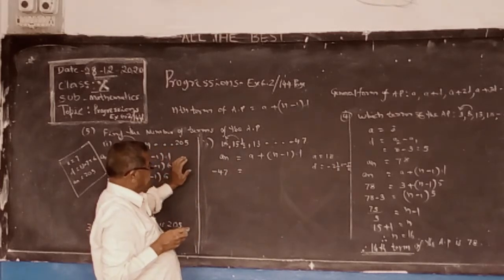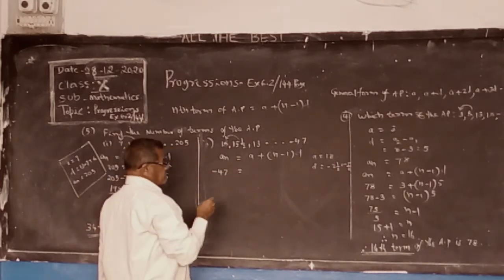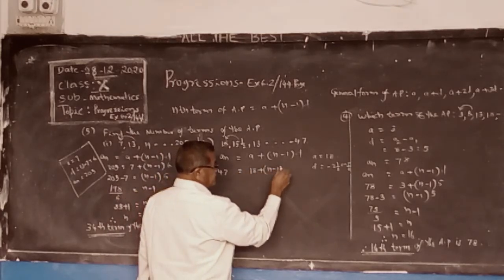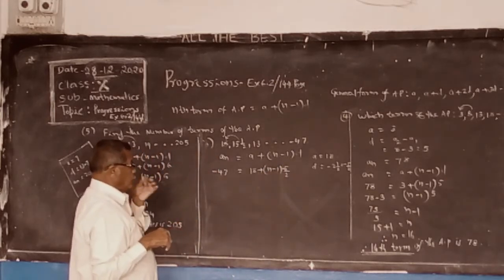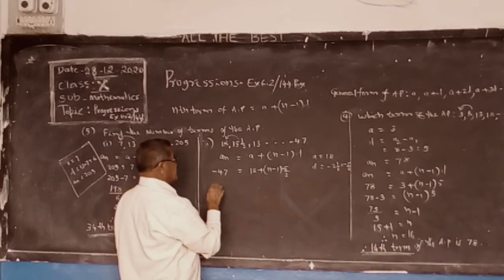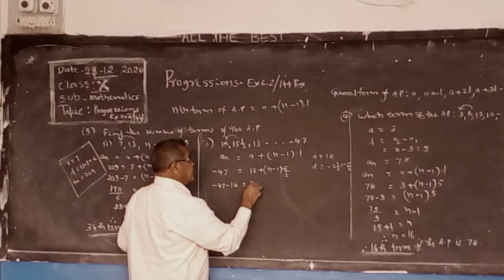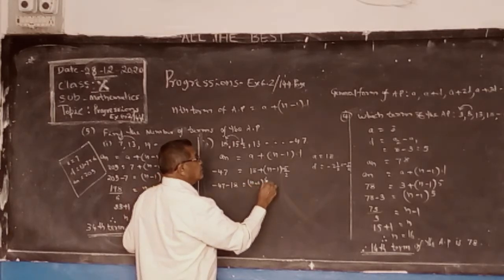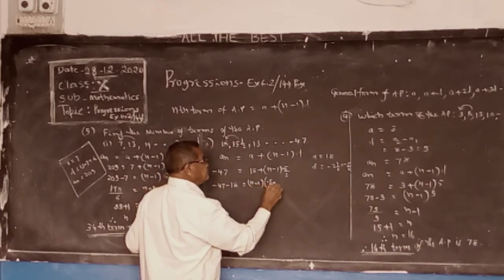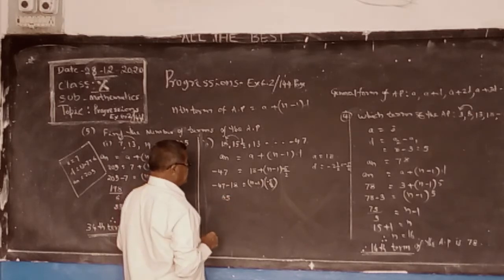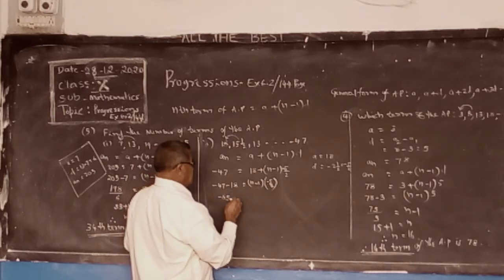15.5 minus 18. The a value is 18, the n value we don't know, the d value is minus 5 by 2. Now the same will come inside as minus: minus 47 minus 18 is equal to (n minus 1) times minus 5 by 2. This is minus 65.